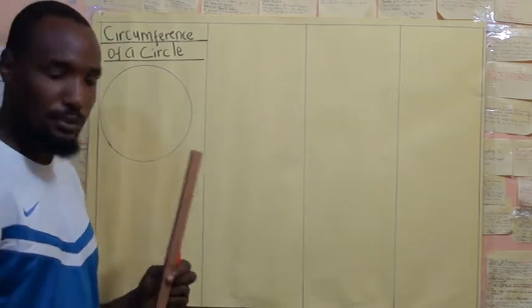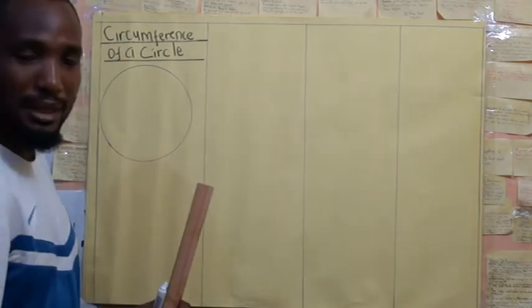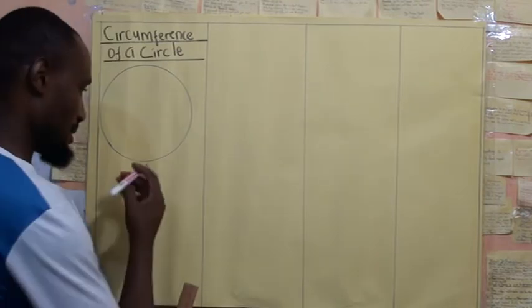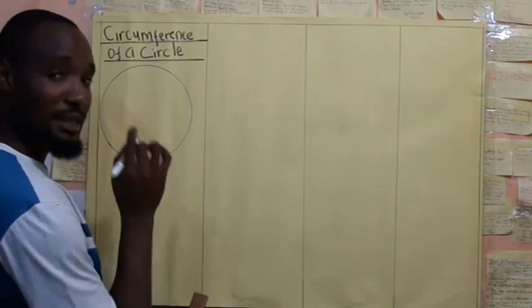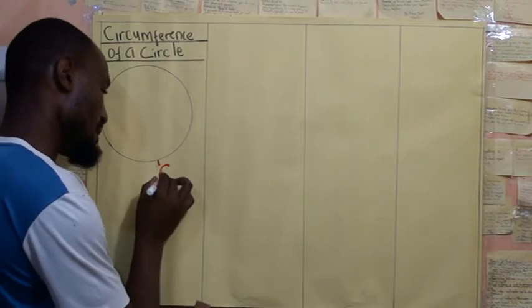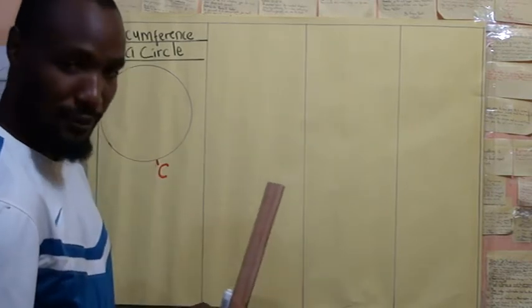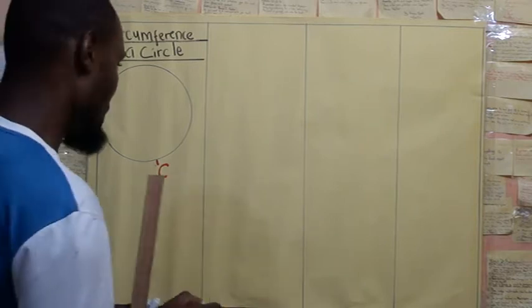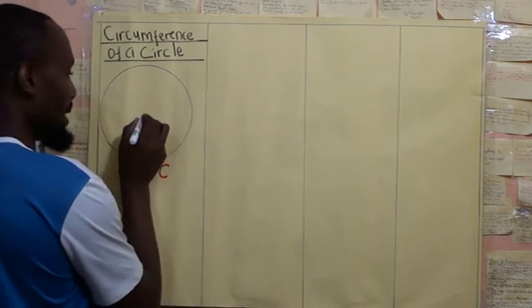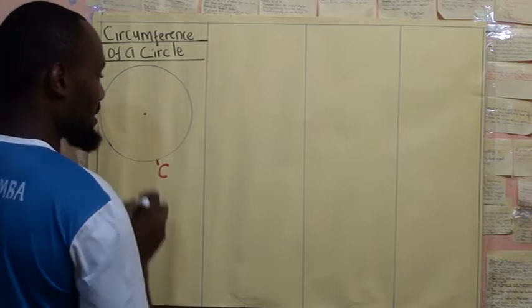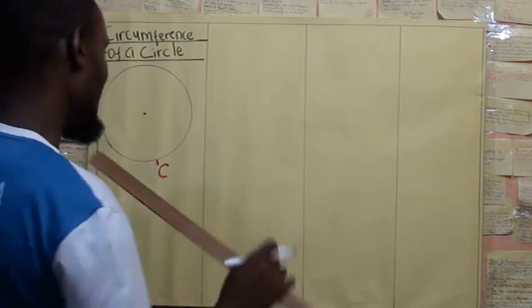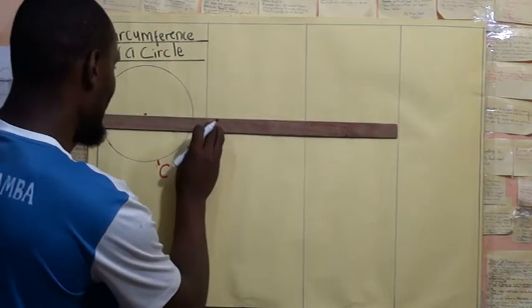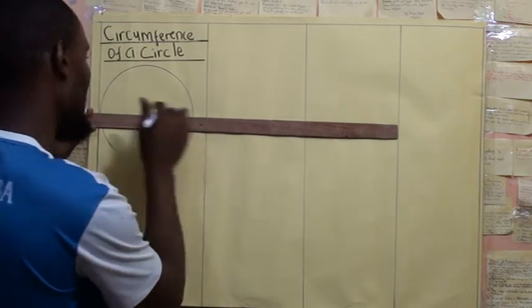This is a circle. The side of a circle is called the circumference, but we give it C, the short form of circumference. Now, there is a center on the circle. If that is the center, there's a line that runs from the circumference through the center to the circumference.